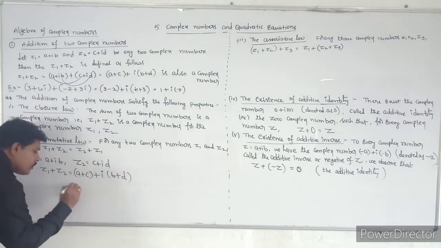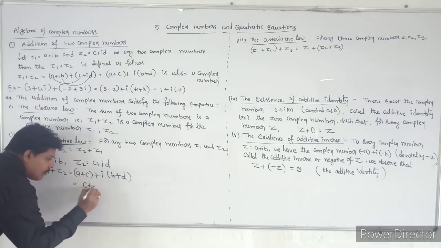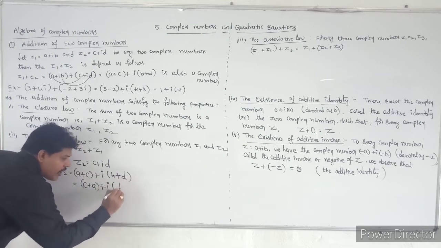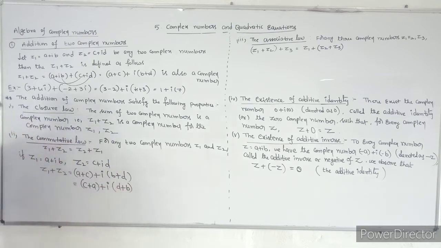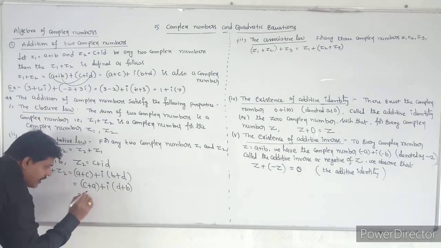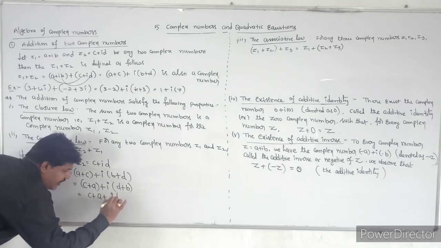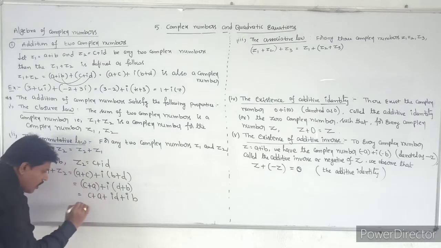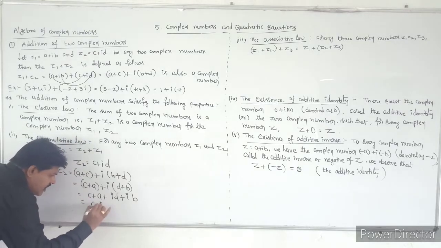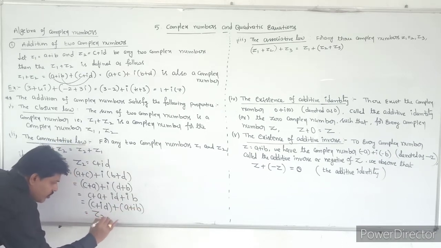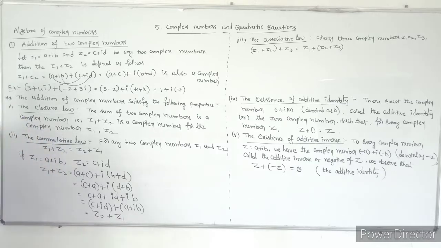And also a plus c you can write as c plus a, plus i into b plus d you can write as d plus b. Nothing will happen. Yes or no? So that implies you can take it as c plus a plus id plus ib. So we can write it as c plus id plus a plus ib, which is nothing but Z2 plus Z1.